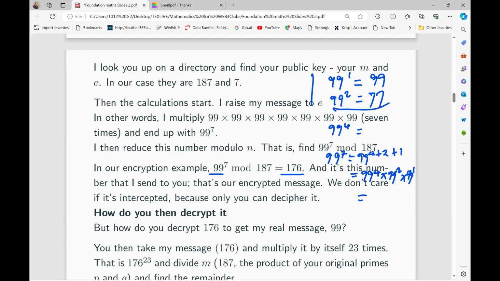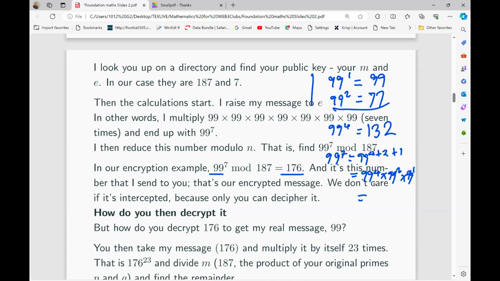So it's 77 times 77, you get 5,929. Then divide by the mod, which is 187. What's the remainder? It goes there 31 times. So the remainder is 132.